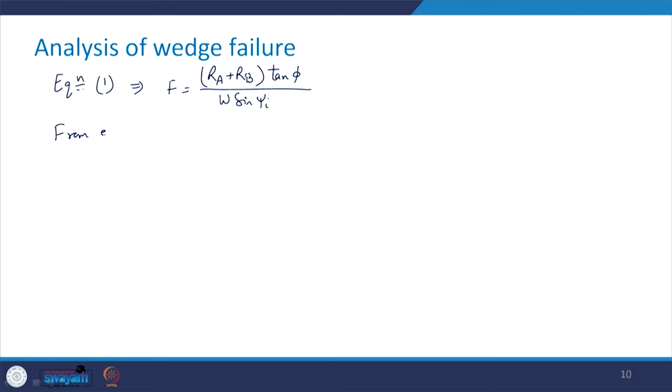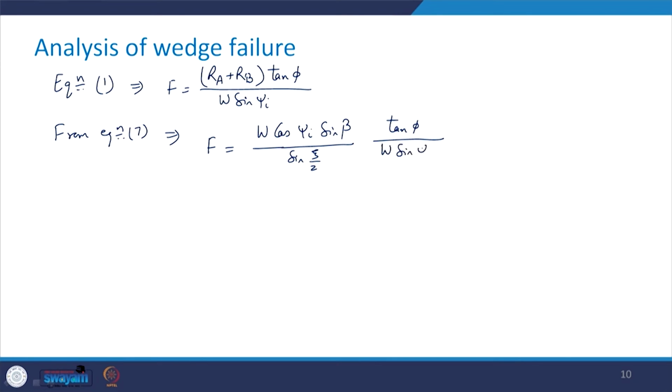So from equation number 7, we get F equal to W cos psi i sin beta divided by sin zeta by 2 into tan phi divided by W sin psi i.